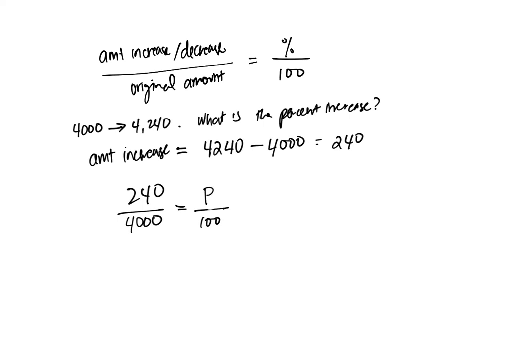I'll put p since I put x last time. From here, we'll cross multiply. 240 times 100 is going to be 24,000. We have 4,000p. Dividing both by 4,000 in order to solve for p, p is equal to 6. So the enrollment increased by 6%.